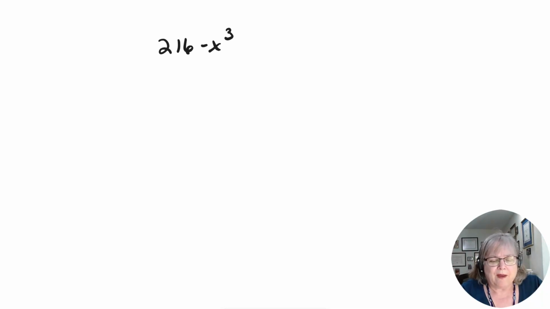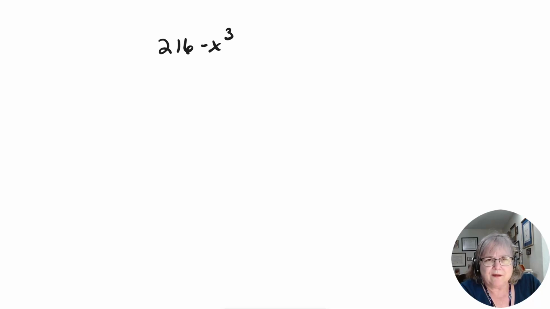All right. Now this one, this is where you go. I'm kind of leaning toward cubes because it has the x cubed on there, but I'm maybe not too comfortable with what 216 came from. And I'm thinking, I don't know, 2 cubed is 8, so it's definitely not that. 5 cubed is actually up to 125 already, right?